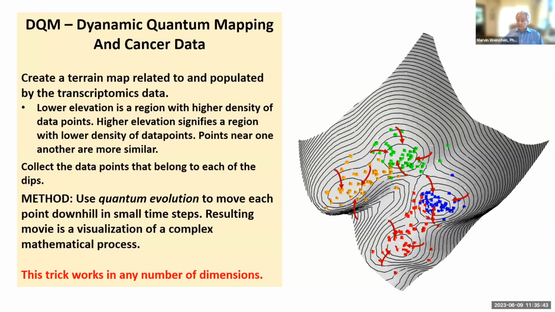The idea is I can show you this map, as with other maps, in 2 dimensions. I could show you similar kinds of things in 3 dimensions to some degree, but then when I'm dealing with data which has 22,000 genes as features, there's no way to look at the map.